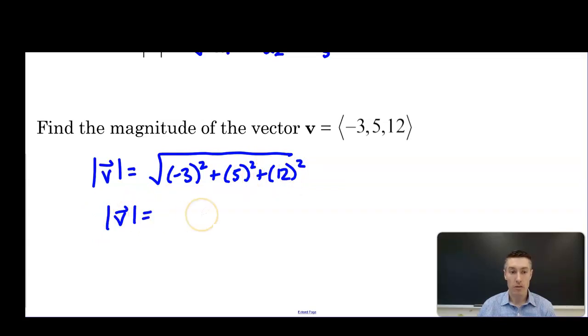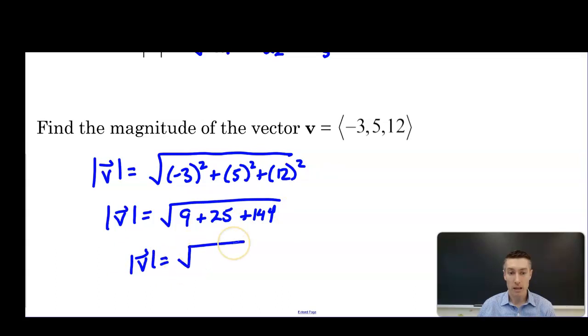So magnitude of v is the square root of 9 plus 25 plus 144. So the magnitude of v is the square root of, let's see, 178. Okay, so that represents the length of the vector.